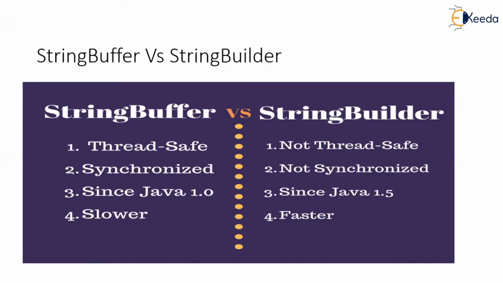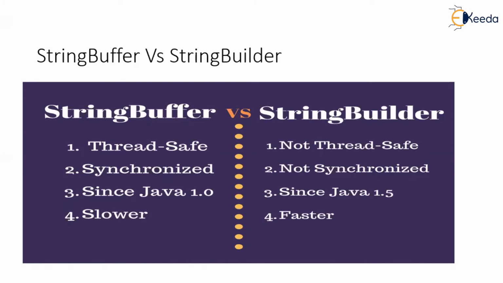What is the meaning of a synchronized method? Because these methods are synchronized, multiple threads can use this StringBuffer. Multi-threading we are going to discuss in detail later on, but it is one of the features available in Java.